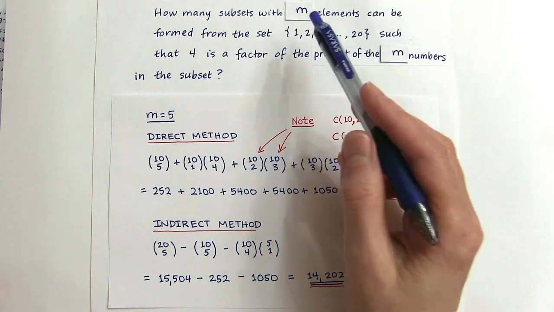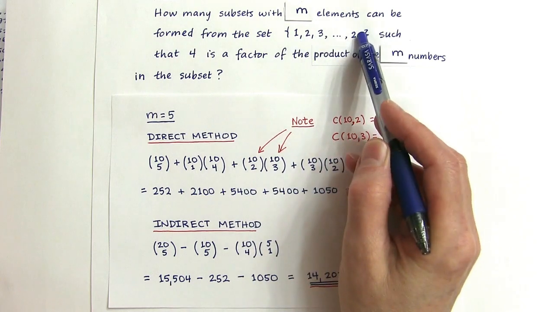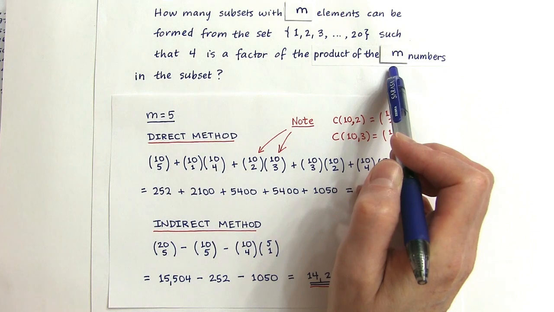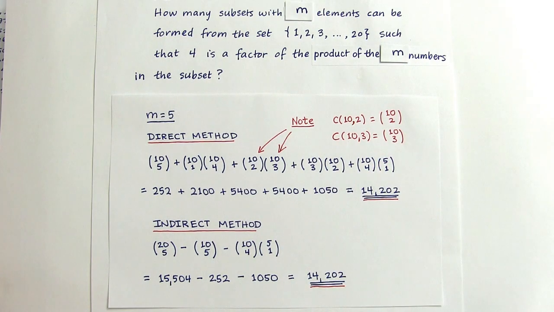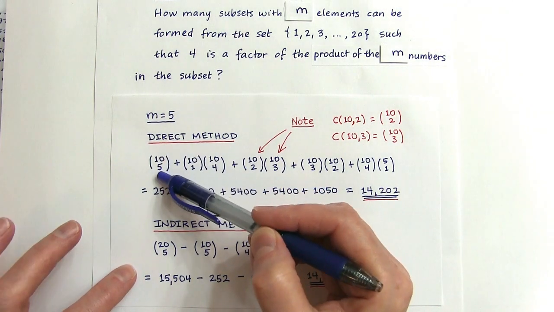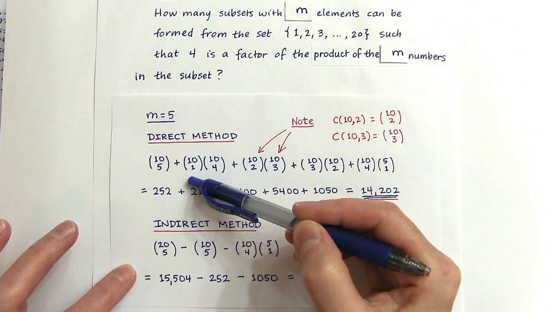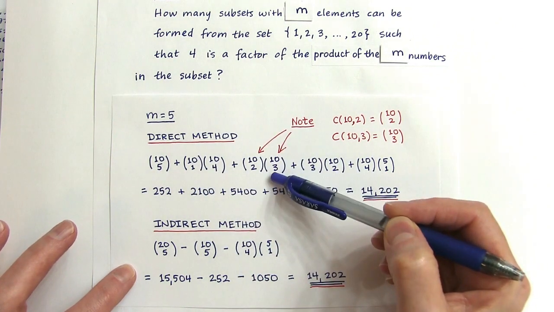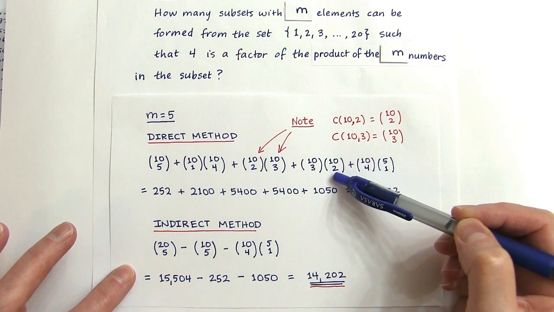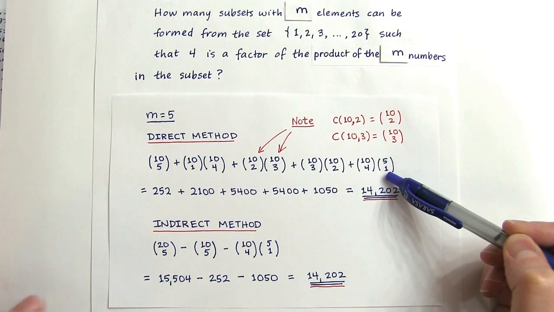So if m is equal to 5, and I want to form subsets of 5 elements from this set, such that 4 is a factor of the product of those 5 numbers, there are 5 ways you can do that. 10 choose 5 even numbers, or 10 choose 4 even numbers and 10 choose 1 odd, or 10 choose 3 even numbers, 10 choose 2 even numbers, or we're choosing 1 even number, but it has to be divisible by 4.